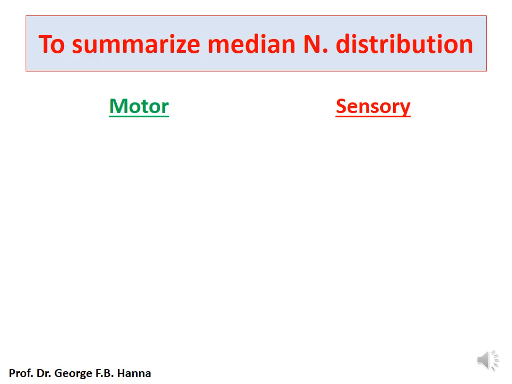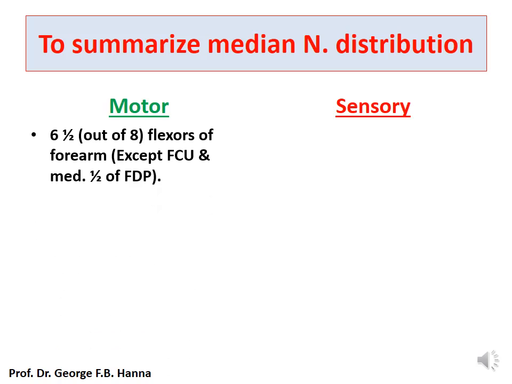Now, to summarize median nerve distribution, motor will be colored in green and sensory will be colored in red. Motor, 6.5 muscles out of 8 flexors of the forearm, except flexor carpi ulnaris and medial half or ulnar half of flexor digitorum profundus.